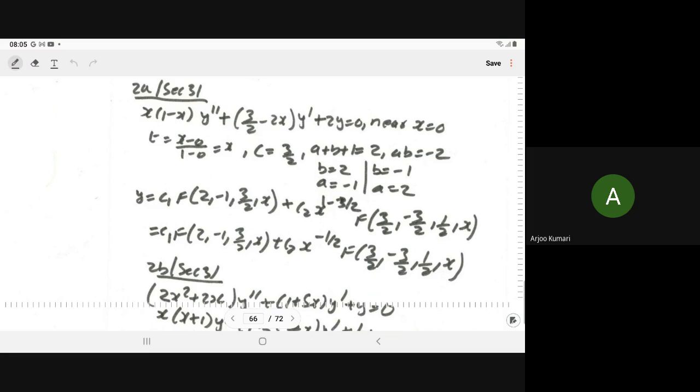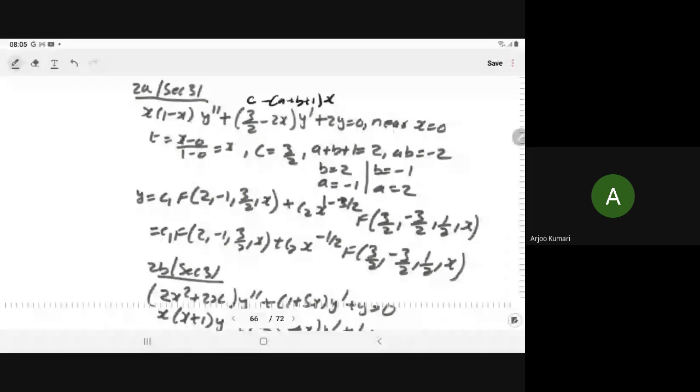So in this case, if you compare, here we have c minus a plus b plus 1 into x, and here we have minus ab. So this implies that a plus b plus 1 is equal to 2 and ab is equal to minus 2.